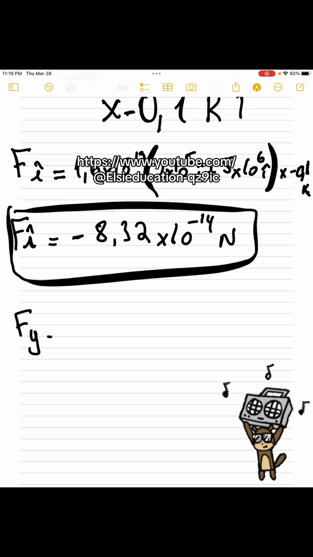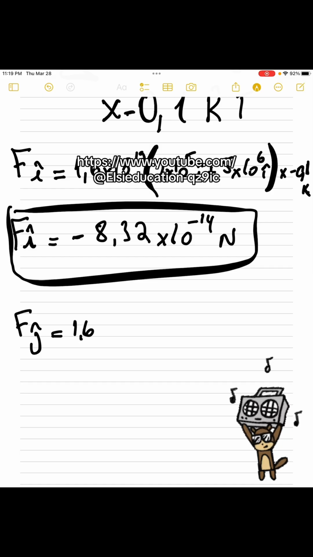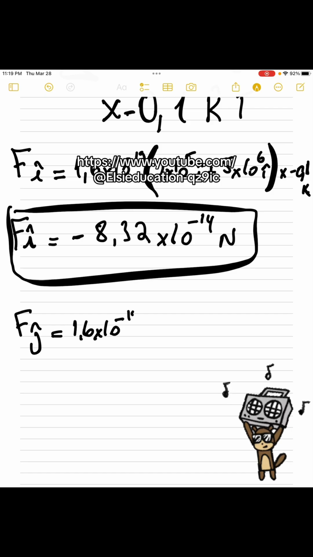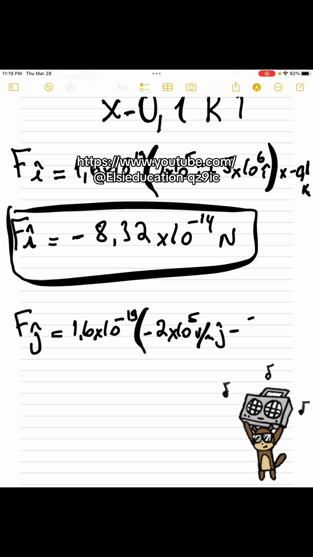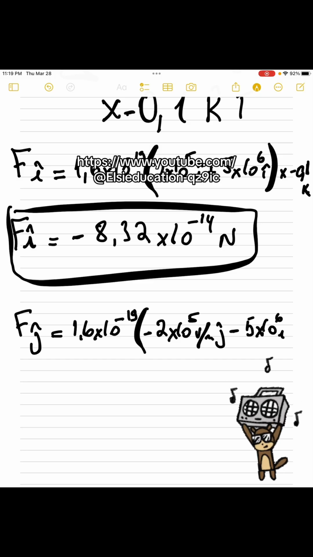That's for the first one. And for the y direction, sorry, for the j direction will be equal to 1.6 times 10 minus 19 times minus 2 times 10^5 volt per meter on the j direction minus the speed, 5 times 10 to the power of 6 multiplied by 0.1.